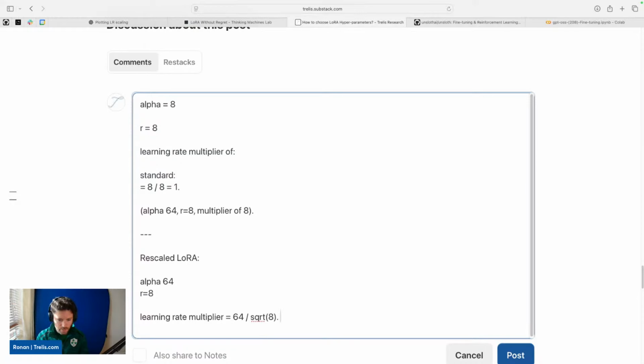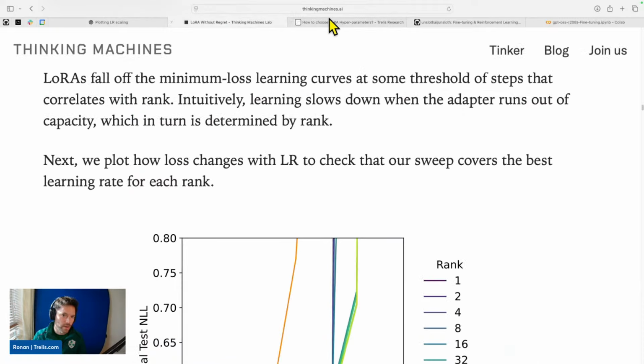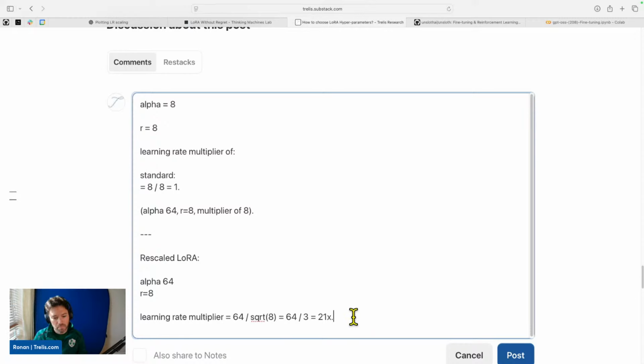Picked a bad number. The square root of 8 is just under 3, 2.88. So it'd be 64 divided by 2.88. Let's just say 64 divided by 3, so that's going to be 21. So rescaled LoRA, as I said earlier, is a lot more aggressive. It's going to give you a relative learning boost of 21 times, which, according to the empirical results here, is going to be too aggressive.